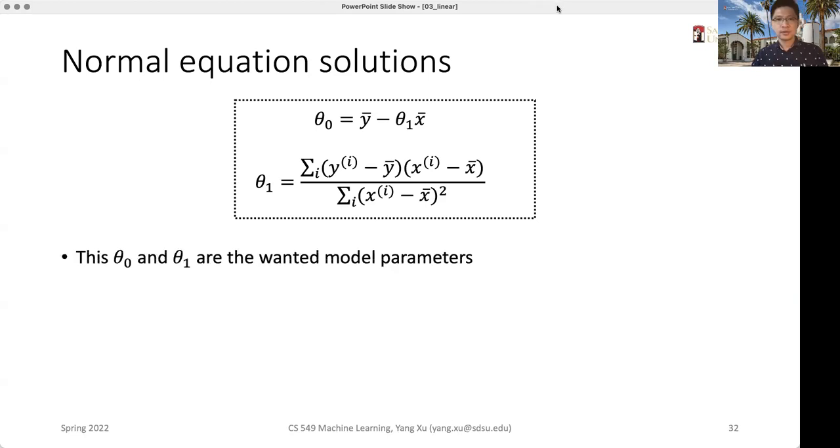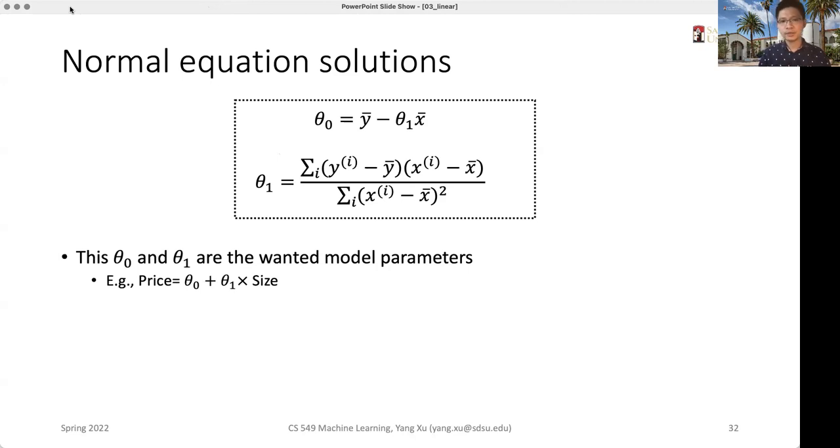So with these solutions, we can easily solve for the parameters theta 0 and theta 1, which means our model is obtained. We are done with the training of the model, just through this calculation using the normal equation solutions.